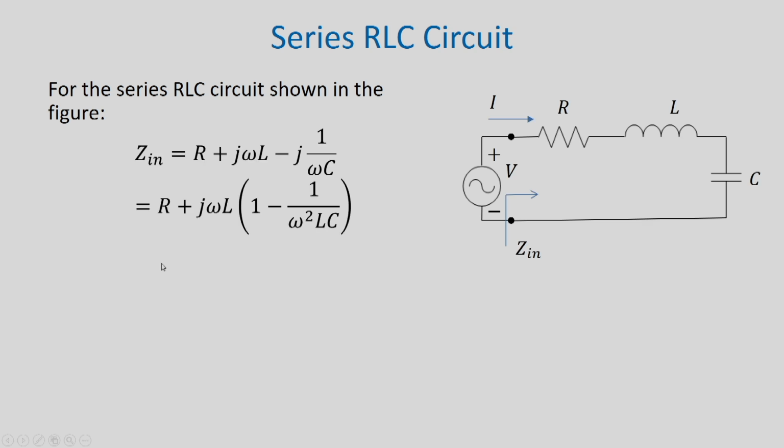we can write Zin is equal to R plus j omega L minus j 1 by omega C, and then we can write Zin equal to R plus j omega L into 1 minus 1 by omega square LC.